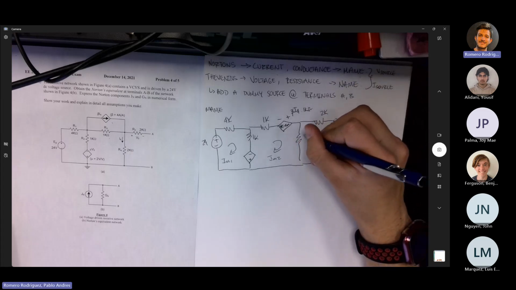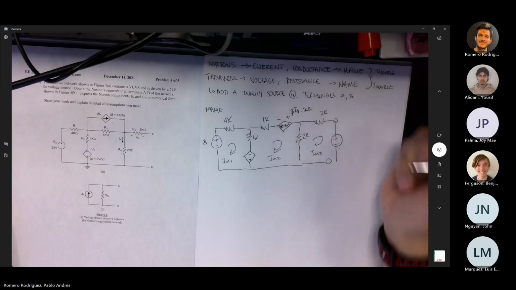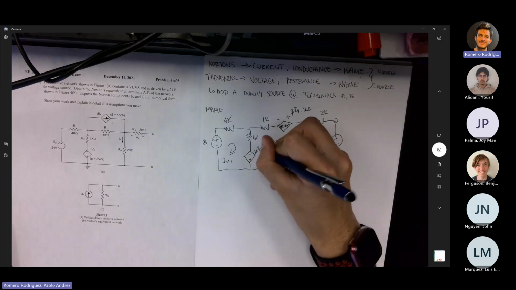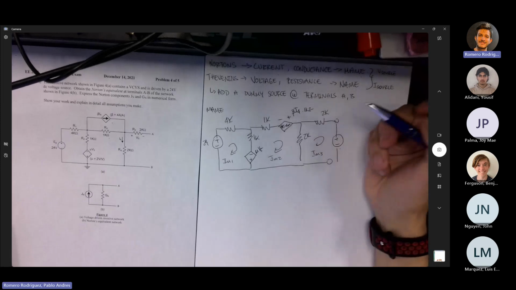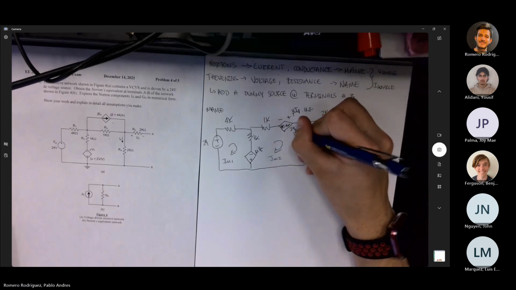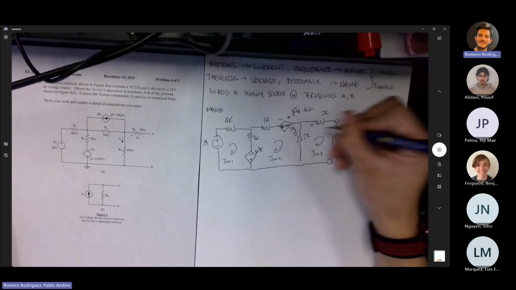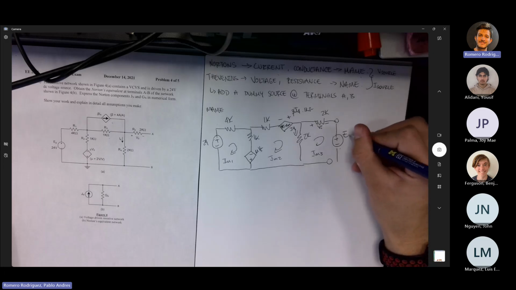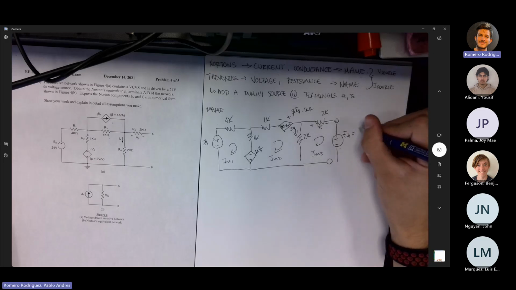This is going to be a 2K as well. And this is mu V5. And then I4 is right here. And then V5 is right here. Okay. And this is what we call the dummy source. So you can call it E0. You're going to have a value of 1 volt.